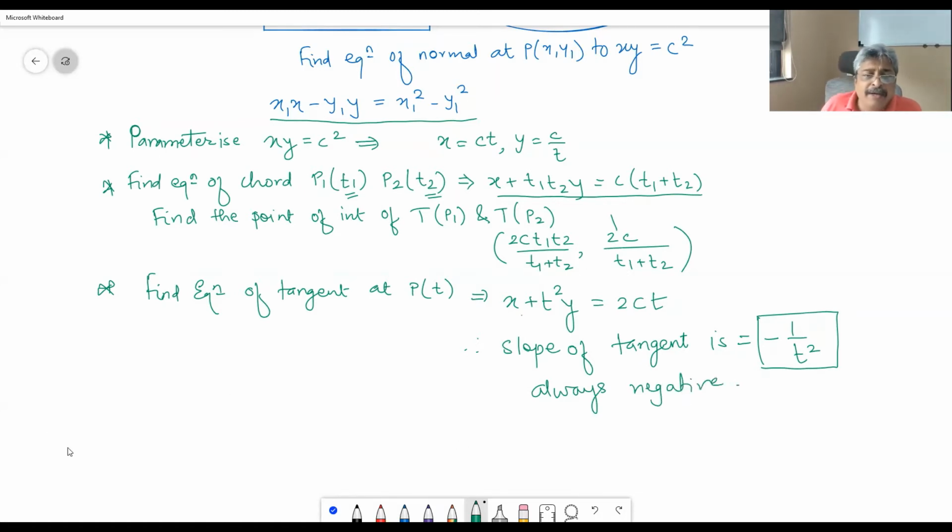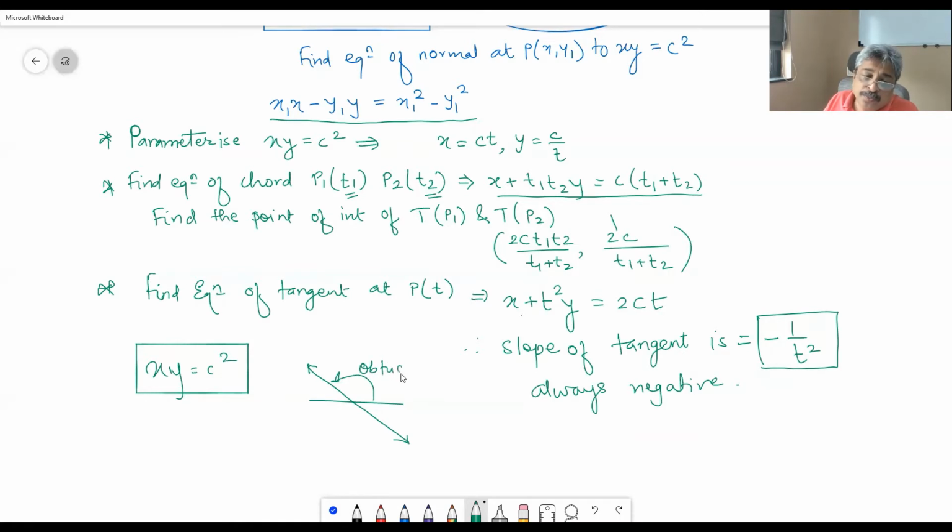So if you have rectangular hyperbola xy is equal to c square, and you draw a tangent at any point on that hyperbola, you are bound to get an obtuse angle with positive x-axis. The slope is always negative, so this angle is always obtuse. That is the observation because of t square.